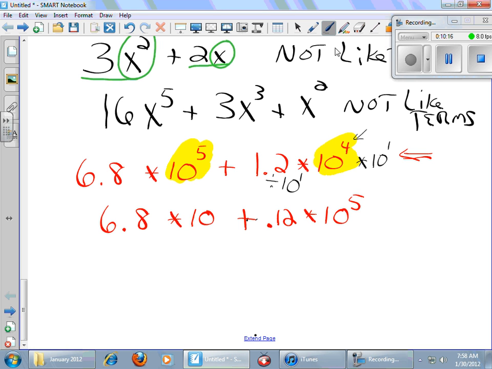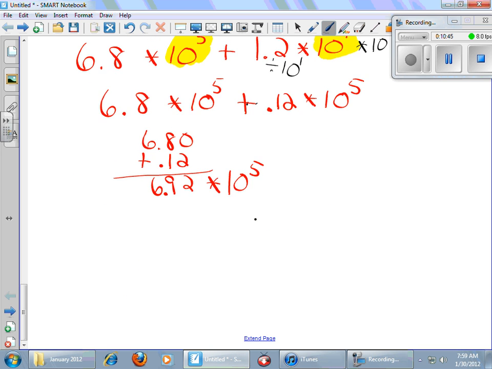And look at this, now they're like terms. Now I can go ahead and add 6.80 plus 0.12. Notice I'm very careful to line up my decimal points. So 6.92, and now I just bring the 10 to the fifth down because I'm counting how many 10 to the fifths I have. I have 6.92 times 10 to the fifth. See how simple that is?